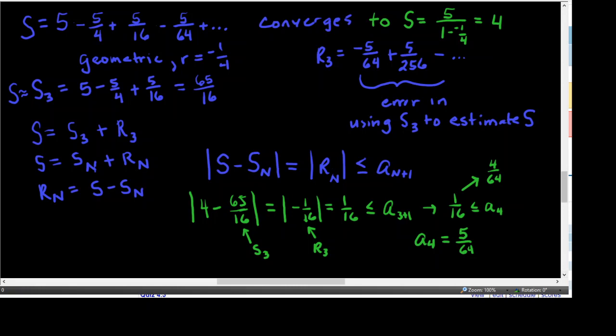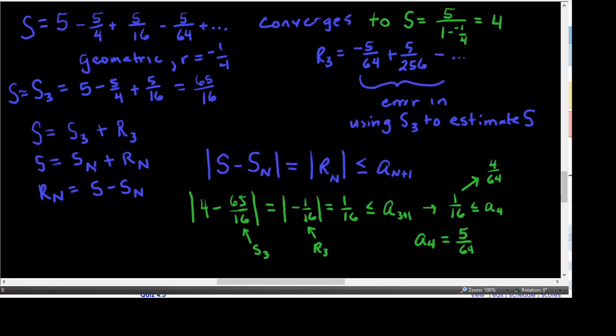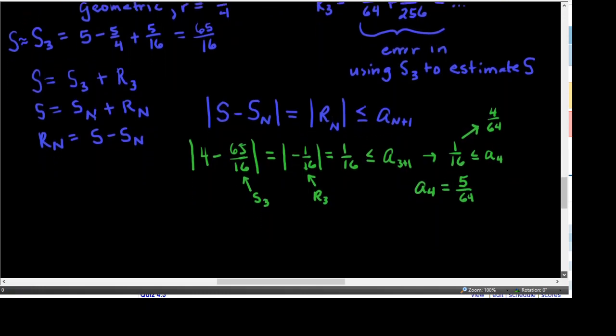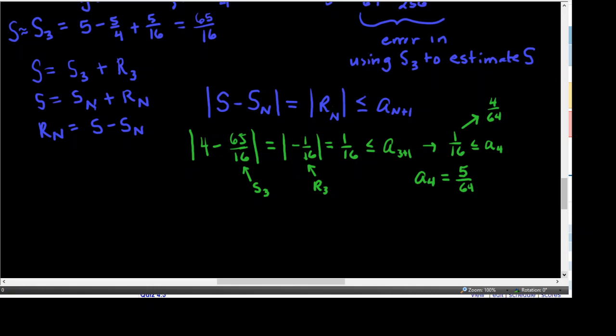So this is a really cool result in trying to estimate the error for when we don't know what the sum actually is. What we can do is find out a little bit about how far we are away, and we know that we're at least as close as the first neglected term. The first neglected term being 5/64, whatever our error is, it's going to be less than that. As it turns out, in this case, we actually know it's 4/64.